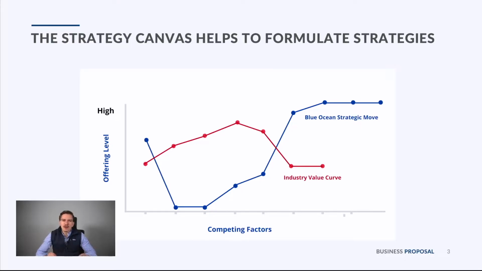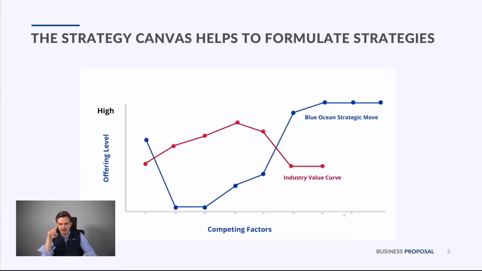And what you now try to do is that you find a way to kind of reduce or eliminate the factors where your competition is very strong. So this is the beginning here that you see in the first 2 or 3 competing factors. On the other hand, what you also try to do is that you kind of increase or invent new factors where you are very strong, but where no competition is existing.